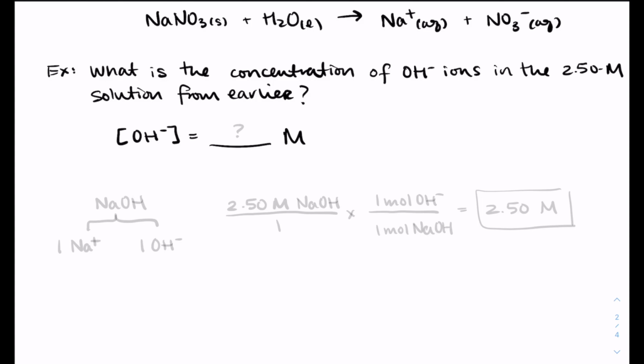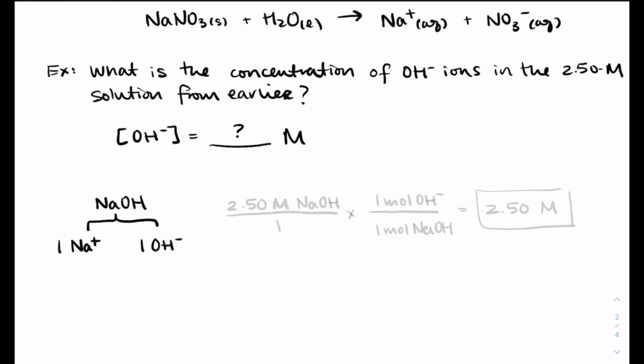So these square brackets around an OH minus means what is the concentration. Sodium hydroxide is an ionic compound. The components of it are the sodium cation and hydroxide, which is a polyatomic anion. So when this splits up in solution, I get one sodium plus and one OH minus.